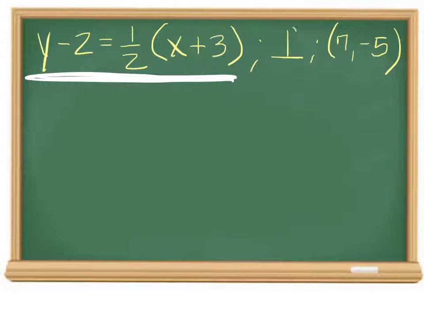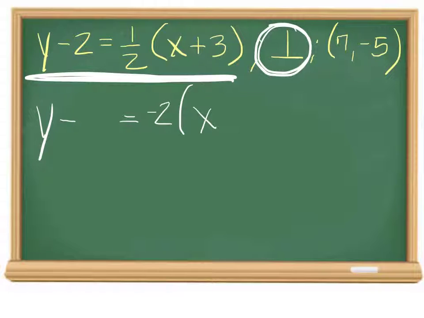If you're looking for a line that is perpendicular, you can start by doing this and inserting the negative reciprocal for the slope, which would be a -2, and then leave a blank for the point. 1/2 negative reciprocal is -2.